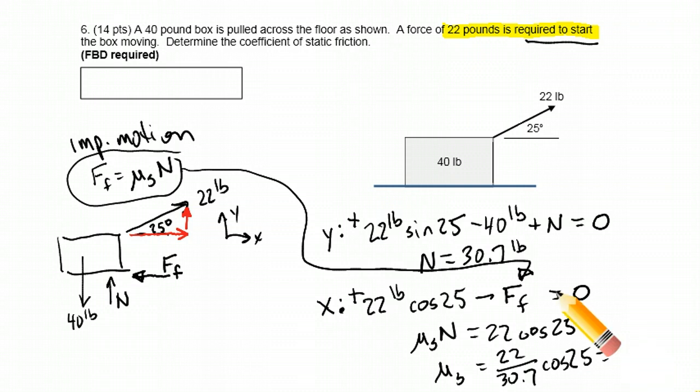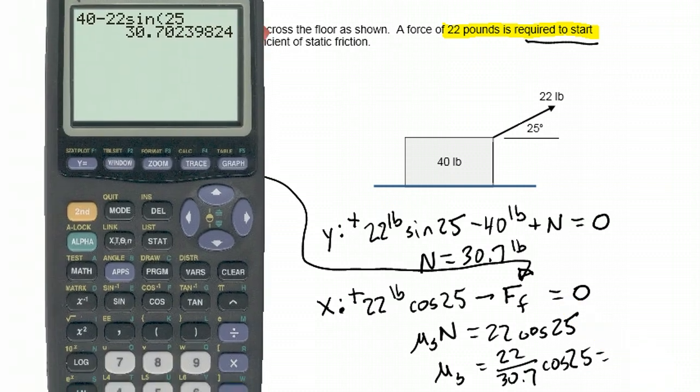I believe that's correct. Let's punch it out. So I have 22 divided by my previous answer times cosine 25. 0.6494.